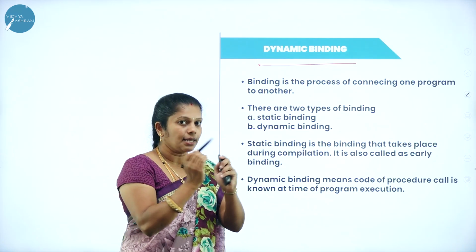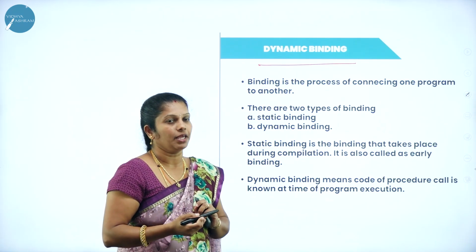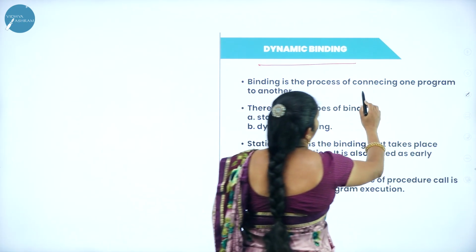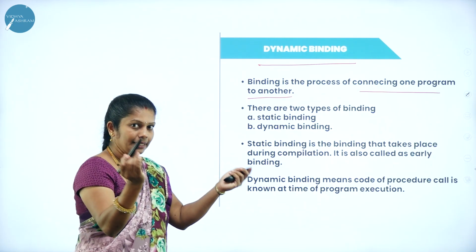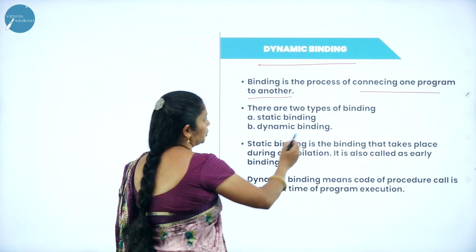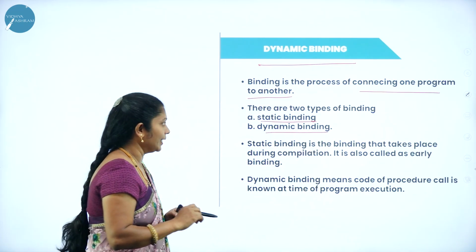At that time, the sub-programs have to be combined and the result has to be generated for the main program. Binding is nothing but connecting one program to another program. Then there are 2 types of binding.